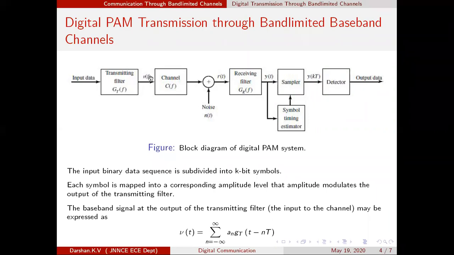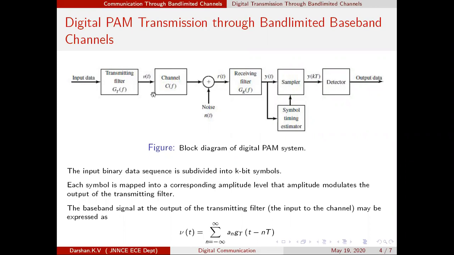That is the explanation. I repeat it again. Whatever the input data is, it is nothing but the symbols. The symbol is mapped to the amplitude. What will the transmitting filter do? The transmitting filter will generate the pulse. The amplitude of the pulse depends upon the input data. That is what is happening.